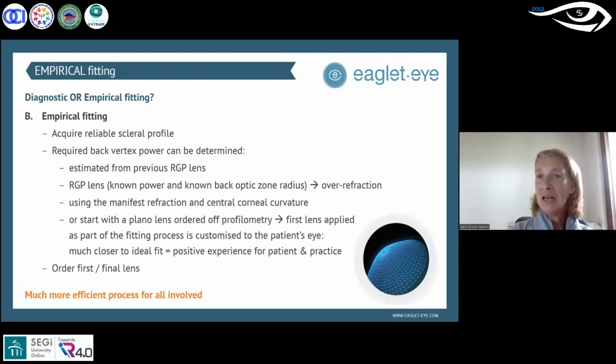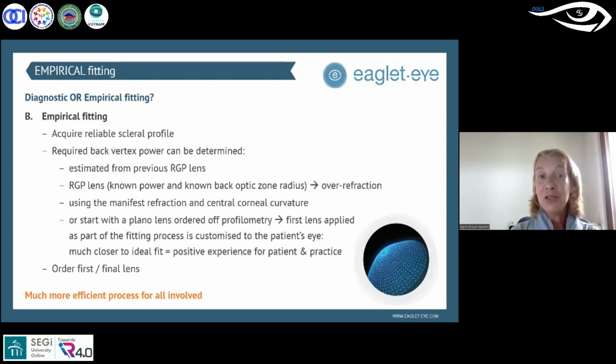Jason Jedlicka, one of the people who designed Zen Lens and has done a lot of research on sclera measurements, says it's garbage in, garbage out. With any topographer or any profilometer, taking good measurements will give you good lens results.